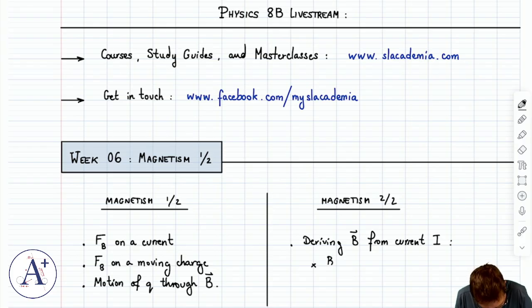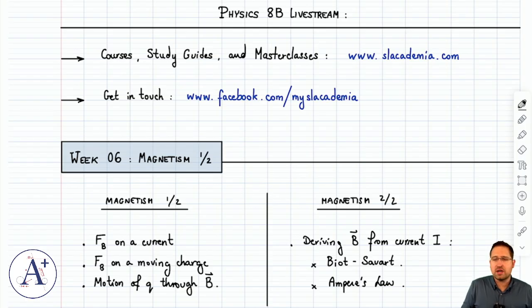There's going to be Biot-Savart, which is effectively slice and dice, and Ampere's law, which is like a distant cousin to Gauss's law in spirit. You proceed in the same fashion when applying Ampere's law as you did when applying Gauss's law. But mathematically, it's something very different that you're doing. So just to be clear.